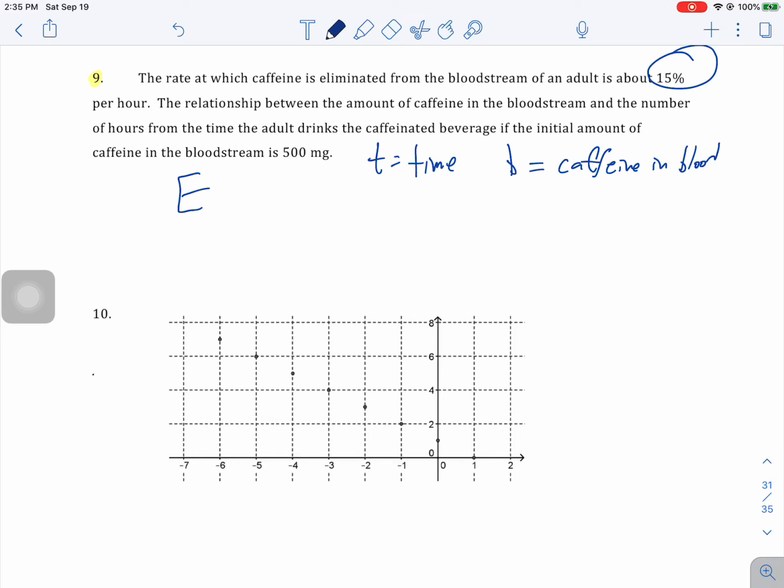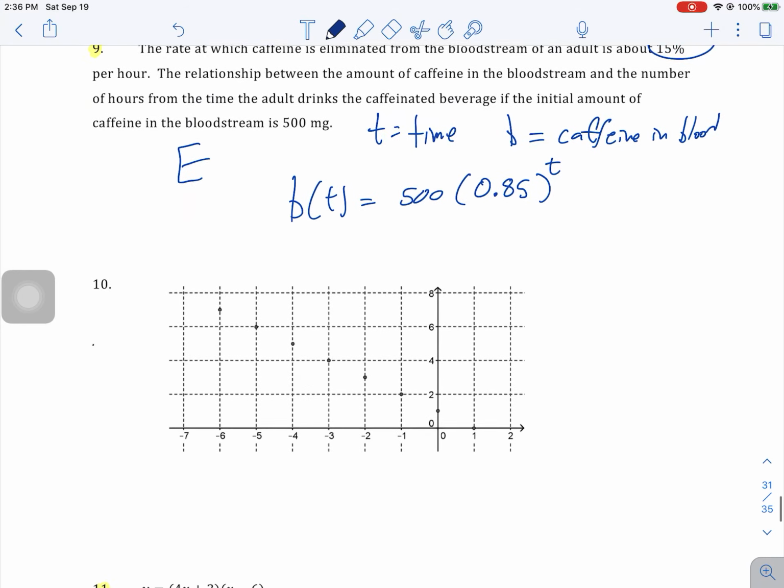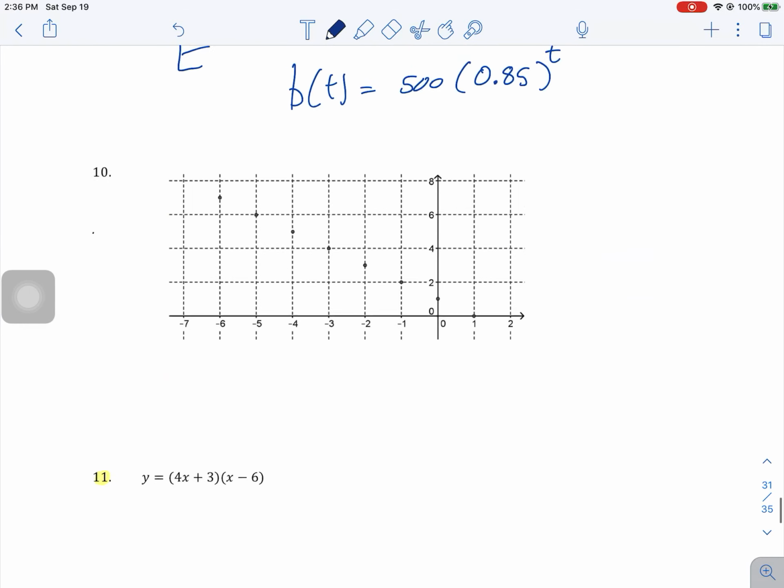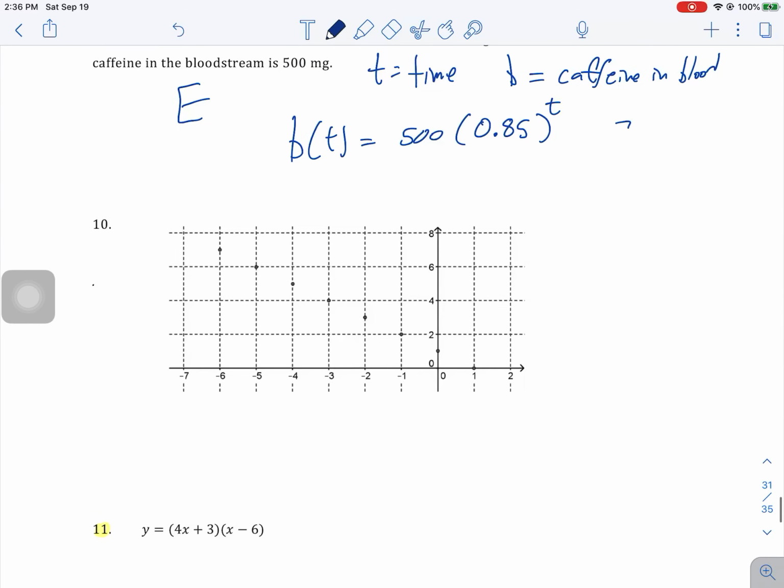It starts out at 500, so we could say b of t is equal to 500, and we're going to multiply that by 85%, 0.85, because each time it loses 15%, and that's to the t. The t represents the number of hours here. So that's an exponential, and it's also a function.